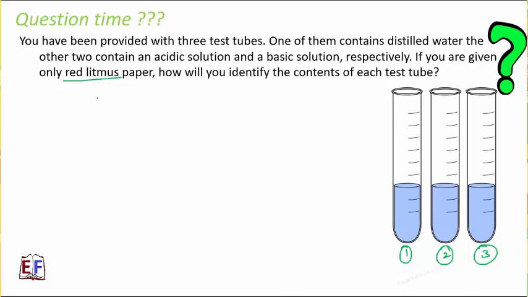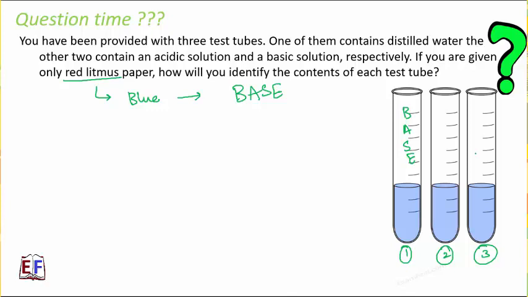Wherever it turns blue, that is base, because if a substance is basic, then the red litmus turns blue. Let's assume that in test tube 1, the red litmus paper turns blue. That means test tube 1 has a base. So 1 is sorted.